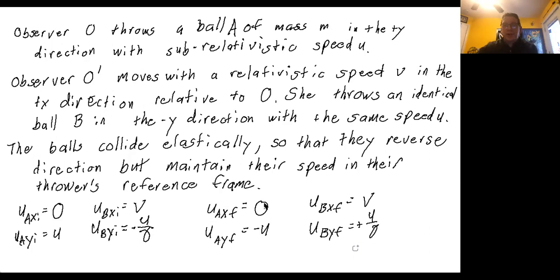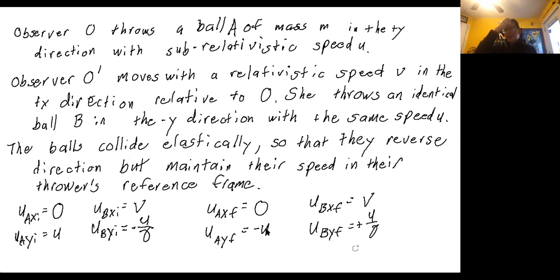So the x component of momentum is conserved. It's v, times m, in the x direction. In the y direction, you have u minus u over gamma initially, and you have u over gamma minus u finally. So the product of mass times velocity isn't conserved.